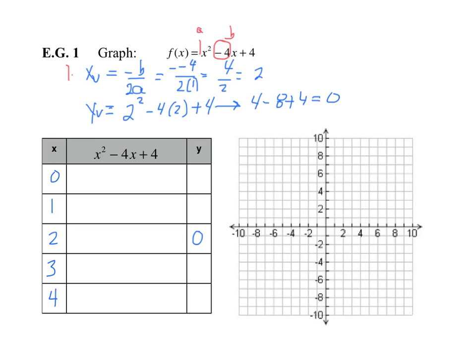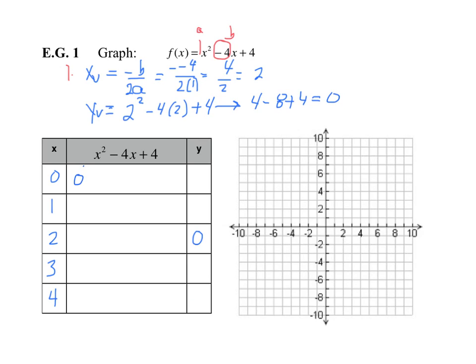You always want to make sure when you pick your x values, they're spaced apart the same manner: 1 unit, 1 unit, 1 unit, 1 unit, going down, down, up, up. We don't know the y values yet for these new x values, but we're going to substitute them into the equation just like we did for yv. That will generate 4 other y values, and then we'll be able to graph the parabola.